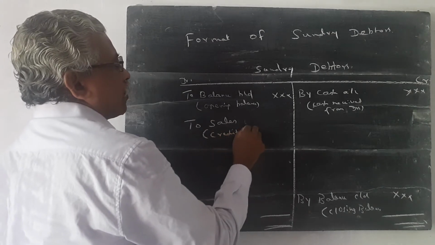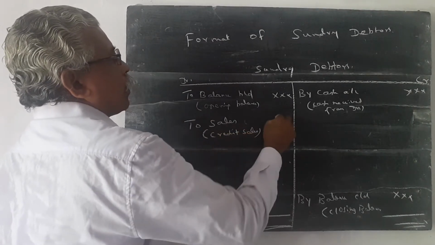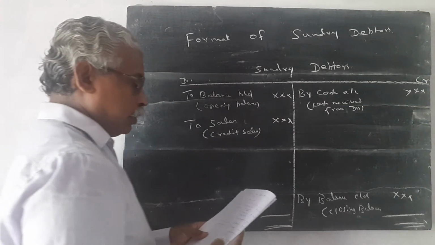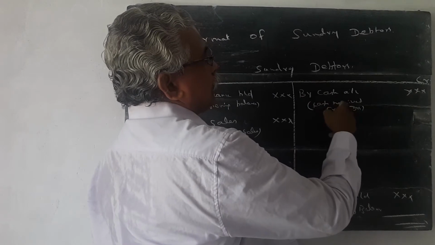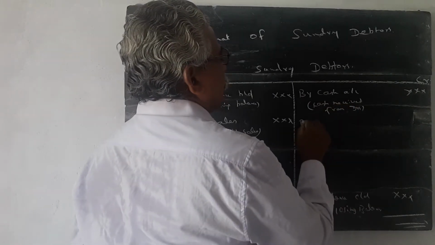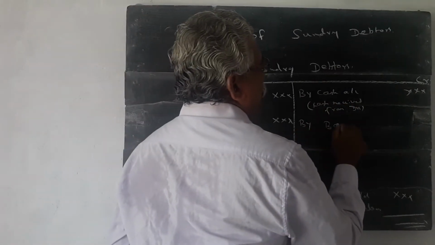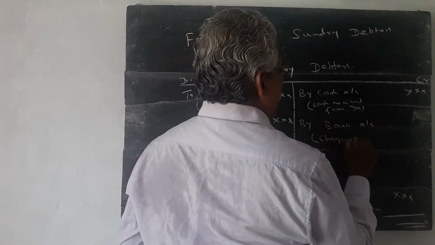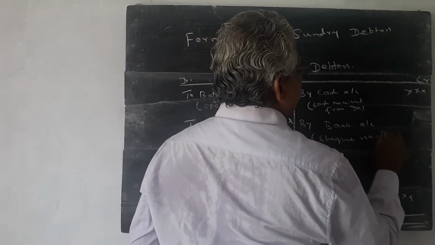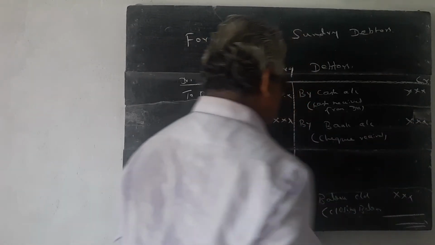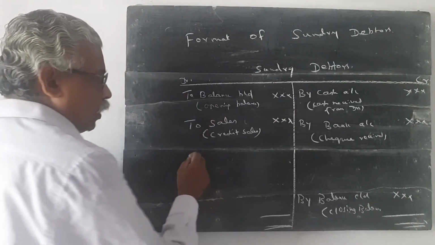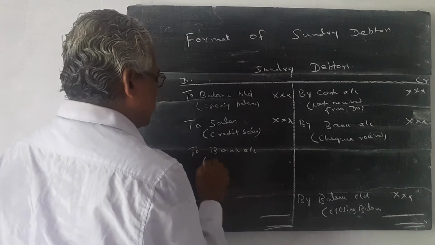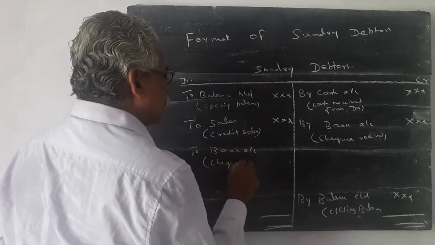Any cheque received from debtors is entered by bank account. Cheque received amount is entered here. Then any cheque dishonored is entered here by bank account. Cheque dishonor entries are entered here.